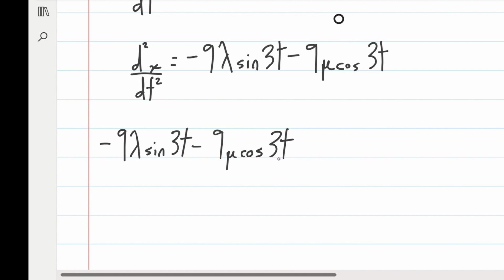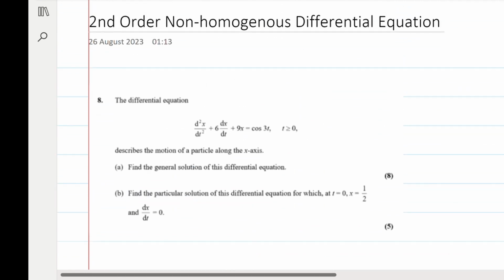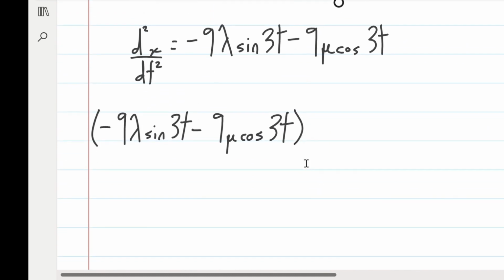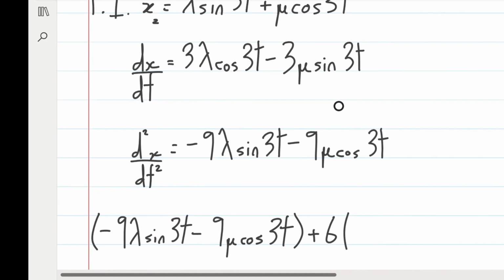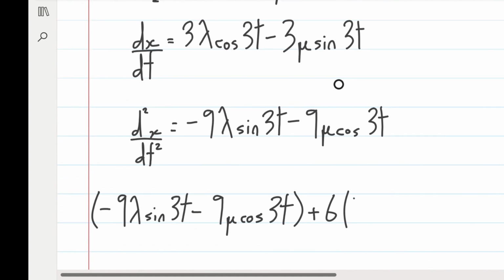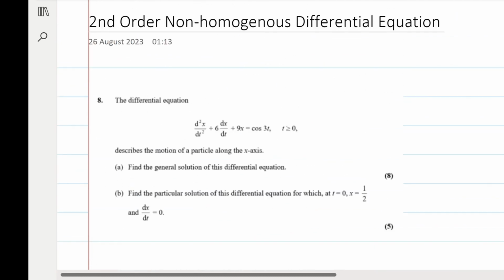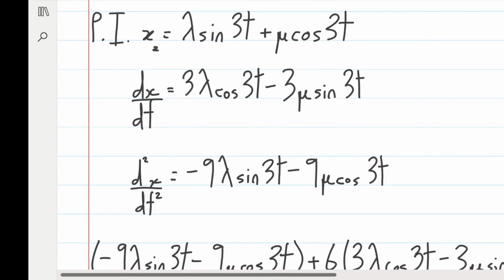Watch out if there's any number in front or there's any negative sign, but here it's just a plus 6, so we're just going to have to watch out for the plus 6 when we sub in dx by dt, which tells us from above 3 lambda cosine 3t minus 3 mu sine 3t. Then don't forget the final part, which is the plus 9x.